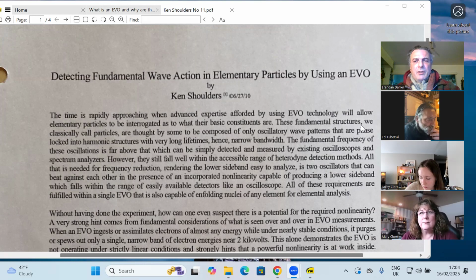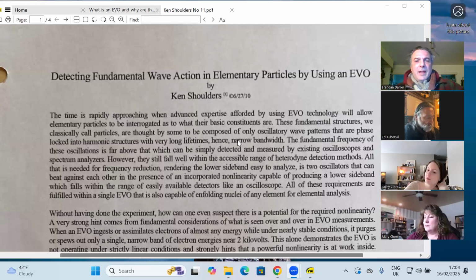These fundamental structures, we classically call particles, are thought by some to be composed of only oscillatory wave patterns that are phase locked into harmonic structures with very long lifetimes, hence narrow bandwidth.